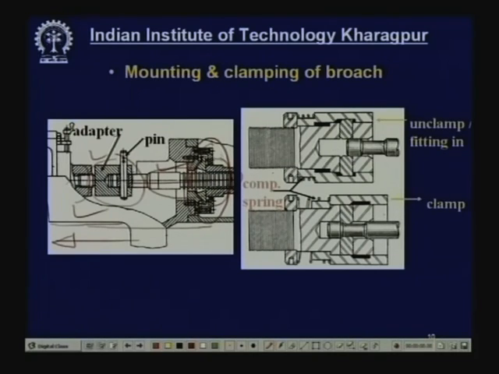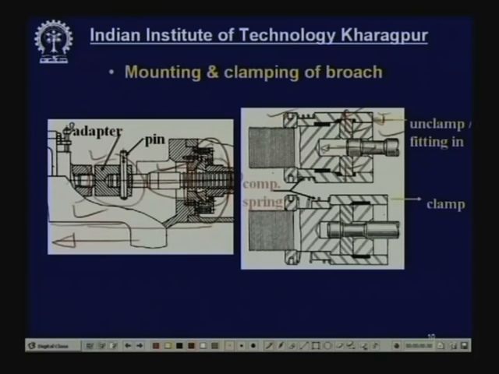Now, this is the broach and this is called the pull head. When you fit a broach in or remove it, this outer socket has to be pressed in. When you press in, these two radial strips, or four, will be able to go outward. So, it can enter easily or go out easily.